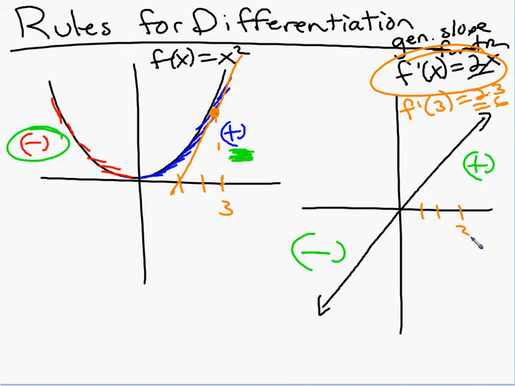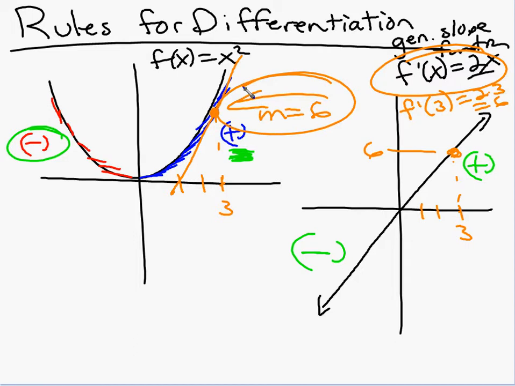So over here, the value of this is 6. That corresponds to the slope of this tangent line. So we've done all of those relationship and theoretical things.